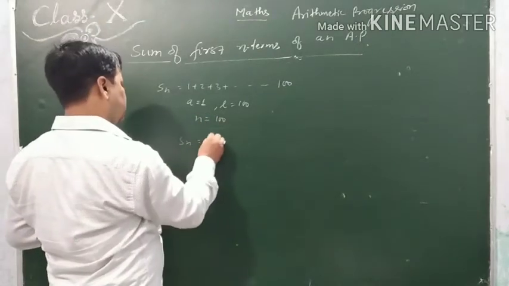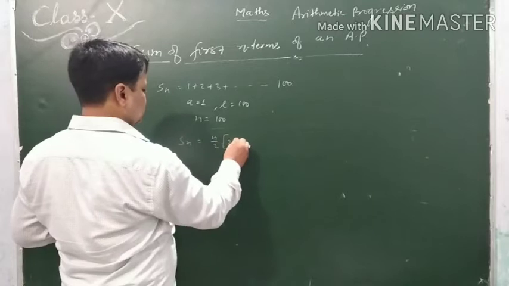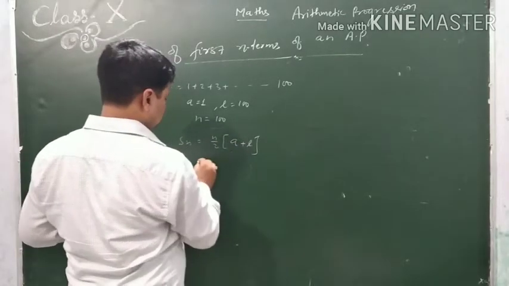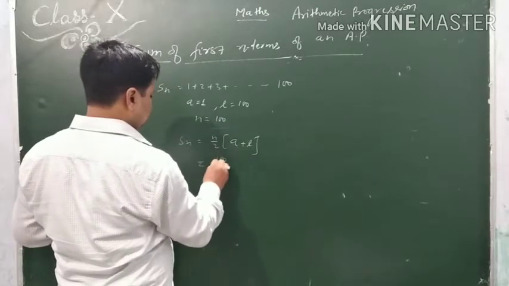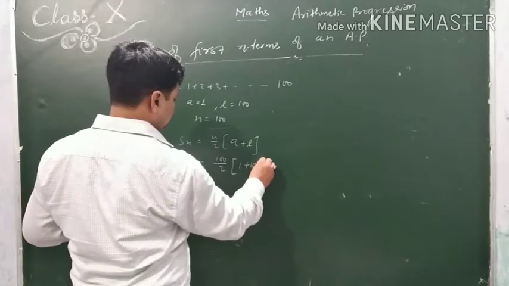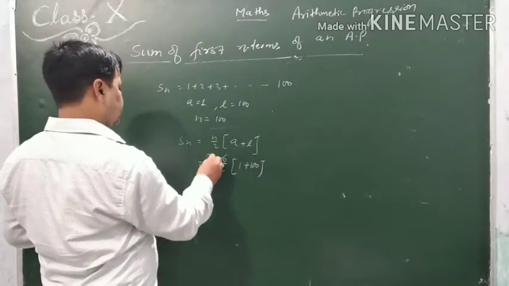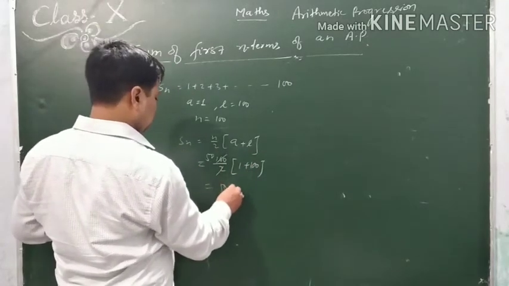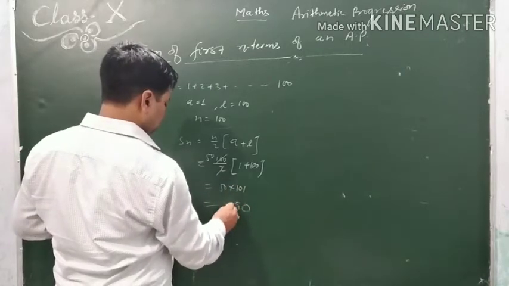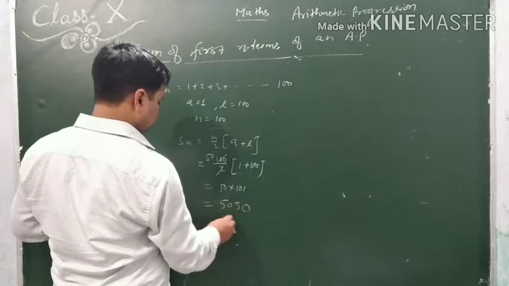Then Sn is equal to n by 2 into a plus L. N by 2 means 100 by 2. What is a? That is 1. And here 100. Then it will be 50 into 101, which is 5050.